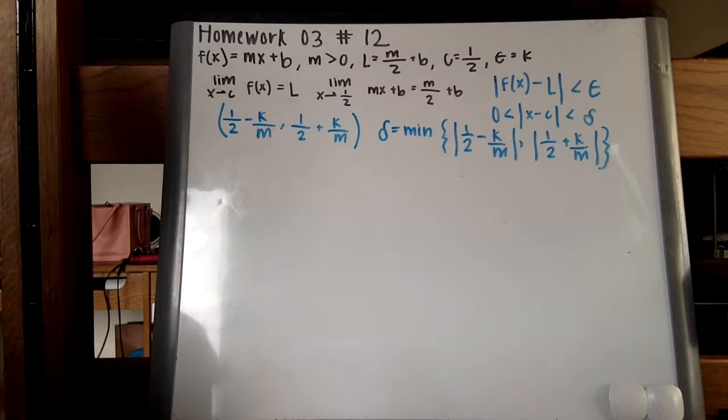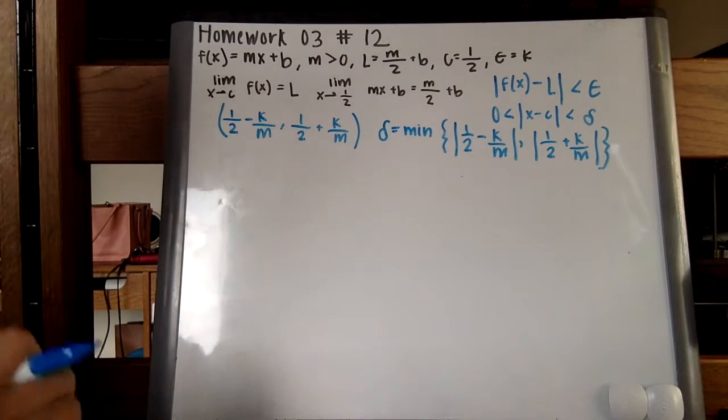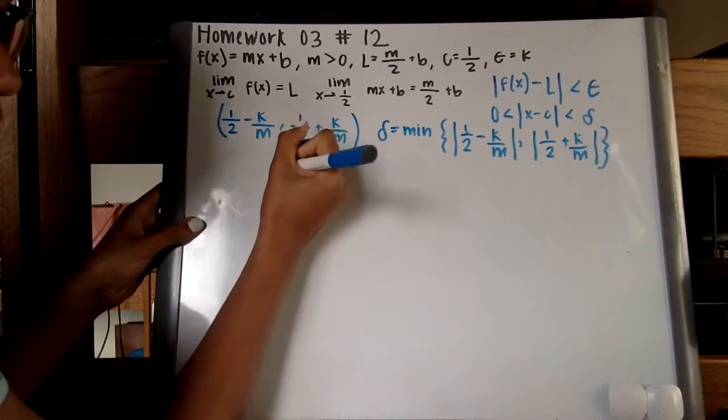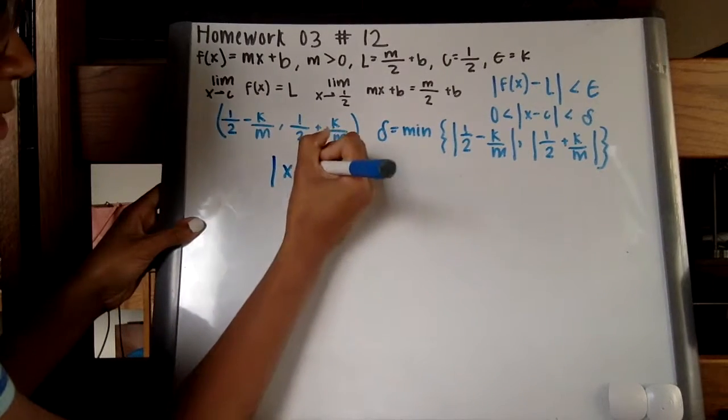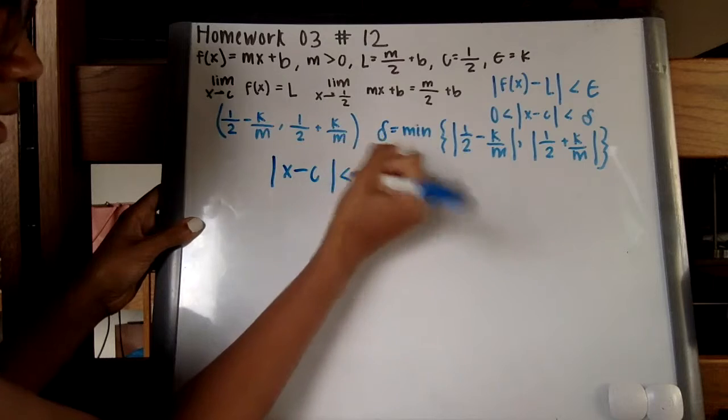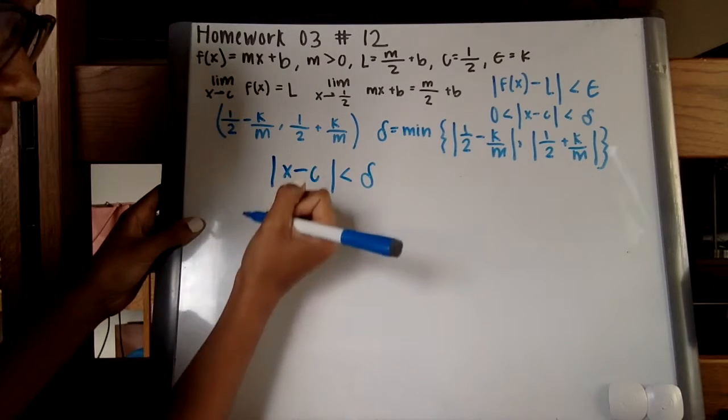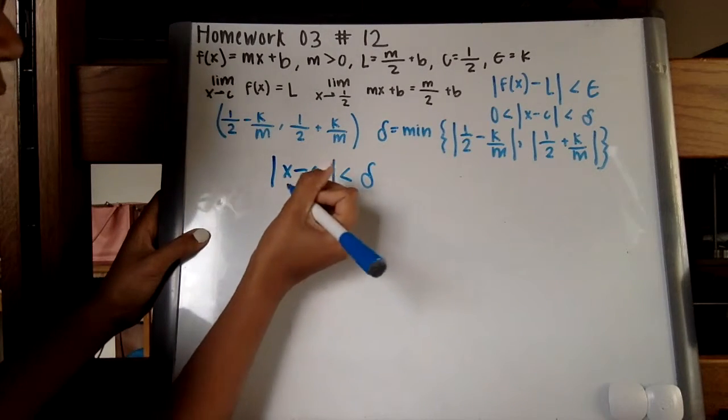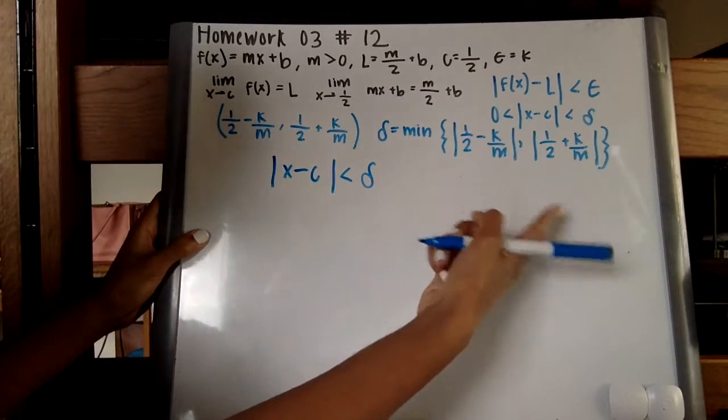I'll rewrite the condition: the absolute value of x minus c is less than delta. And we know that our x has to be one of these.